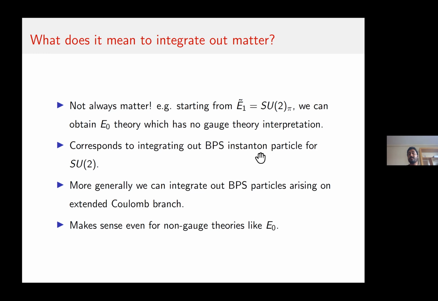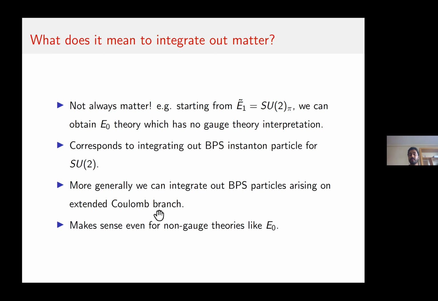And the question is, what does it mean to integrate out matter for this kind of generalized theories? So this example suggests an answer, and we can think of it as integrating out BPS particles that arise when you go onto the extended Coulomb branch of the 5D theory. I will use this terminology throughout the talk, extended Coulomb branch.